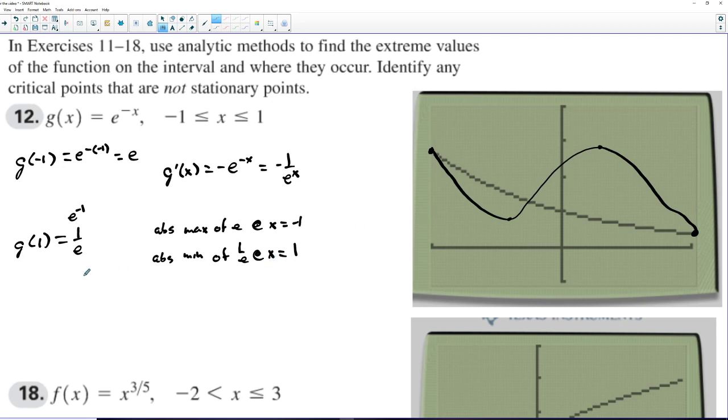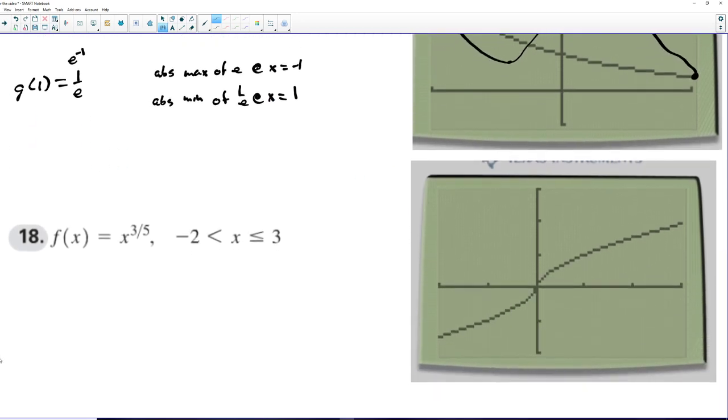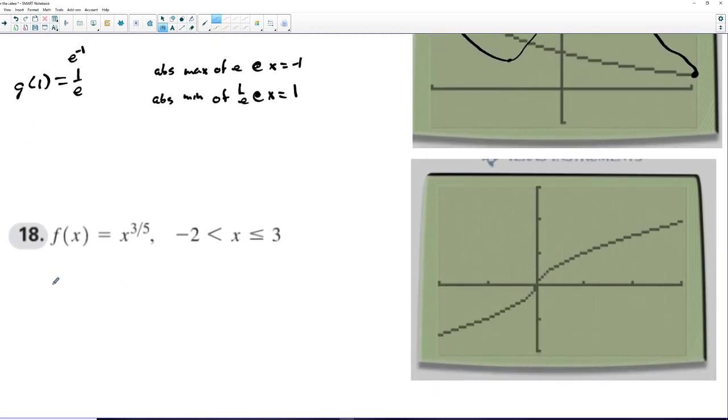Number 18, we have f of -2 and f of 3. f of -2 would be -2 to the 3/5, and f of 3 would be 3 to the 3/5.